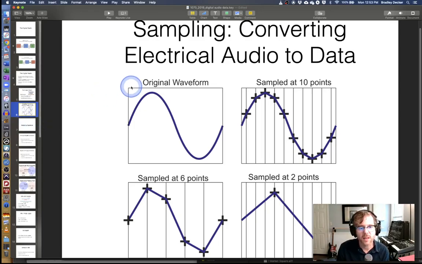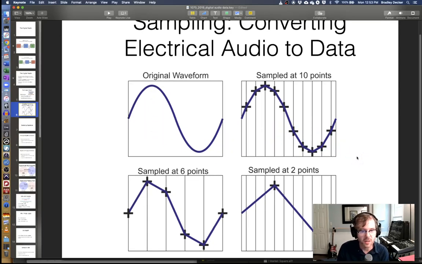Sampling basically means that they are periodically taking a snapshot of this continuously moving entity and measuring it. The more snapshots and measurements you take, the more information you get and the more realistic your representation is.